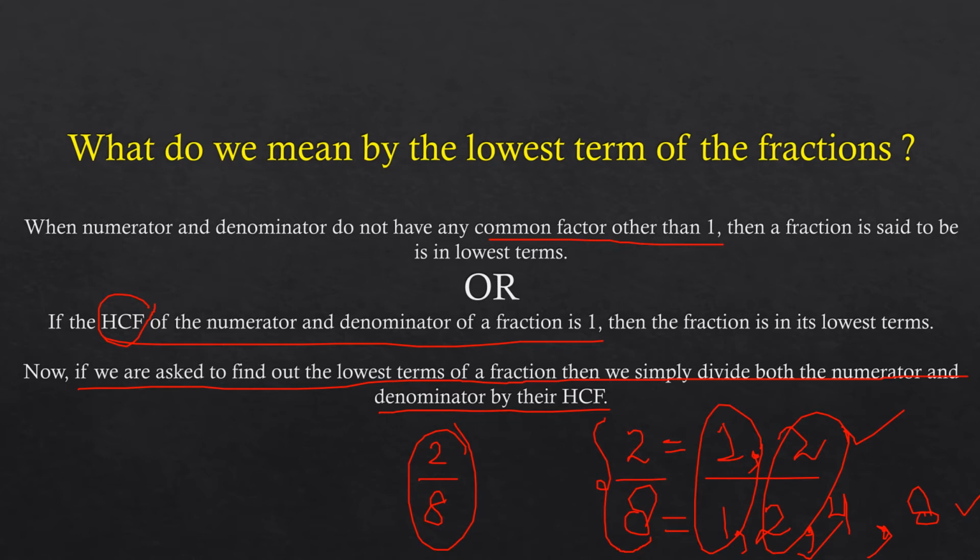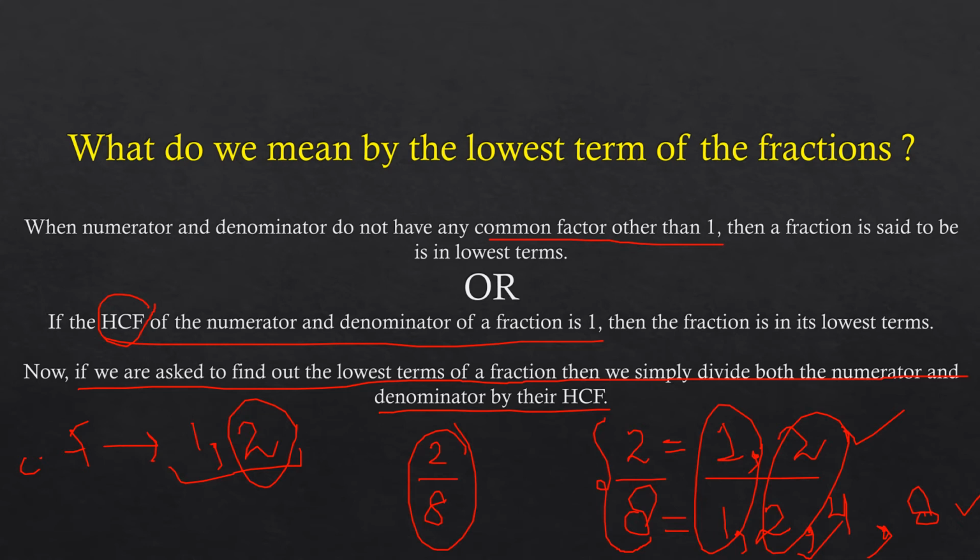Here the common factors of 2 and 8 are 1 and 2. Now we are talking about the highest common factor. Highest is 2 here. So 2 is the highest common factor for 2 and 8.